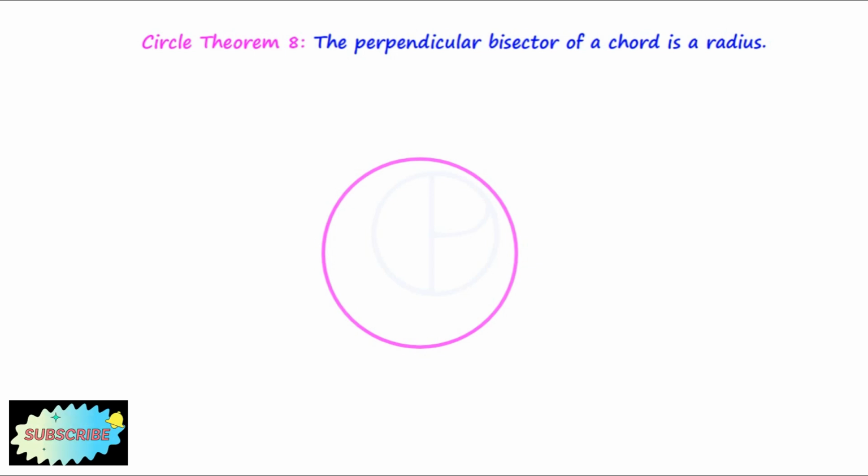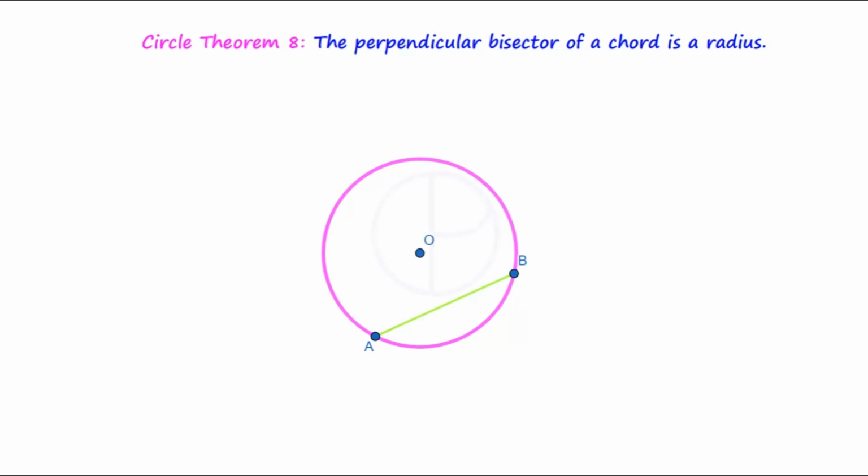The next theorem is the perpendicular bisector of a chord is a radius. In the circle, AB is the chord and O is the center. The perpendicular bisector of the chord is a line segment drawn from the midpoint M of AB to the center O. If the radius intersects a chord in a circle, it will bisect the chord at a right angle.